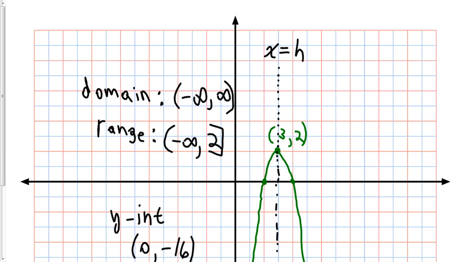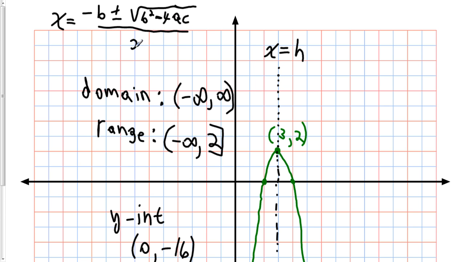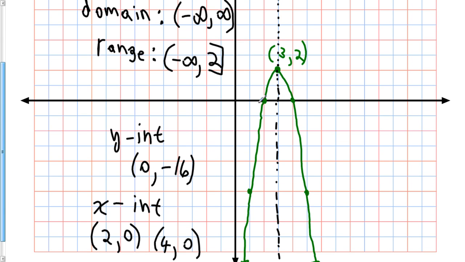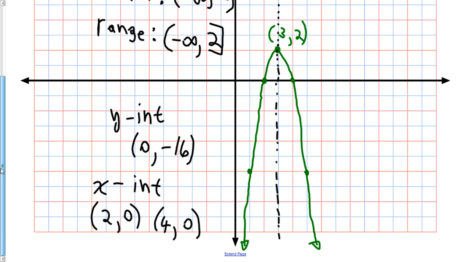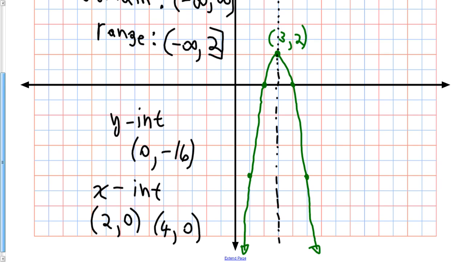Remember the quadratic formula? x is equal to negative b plus or minus the square root of b squared minus 4ac, all divided by 2a. This is what you would use to find the x-intercepts if you get a graph that doesn't have nice integer values for the intercepts like this one.